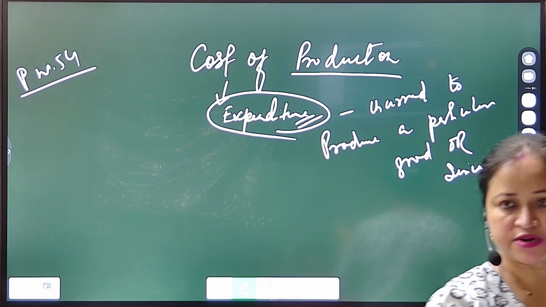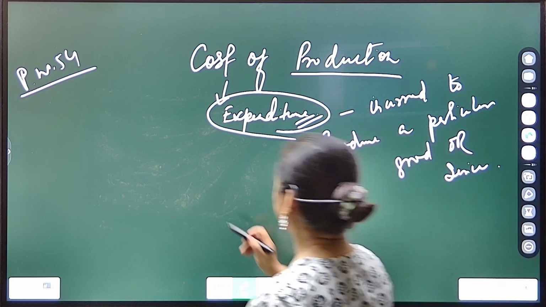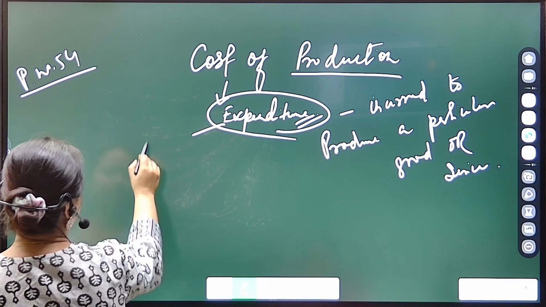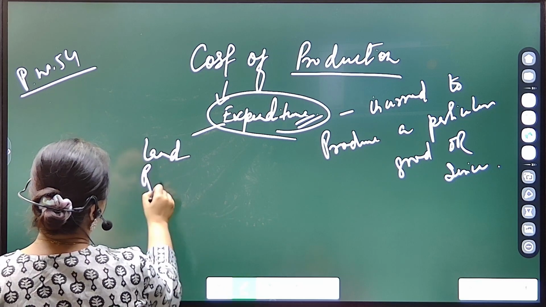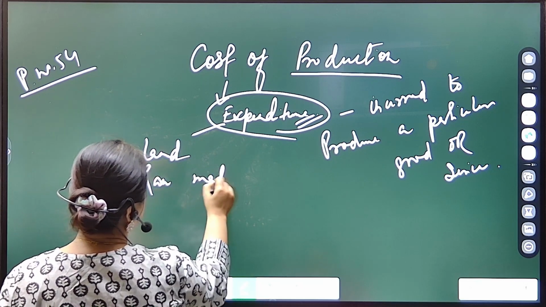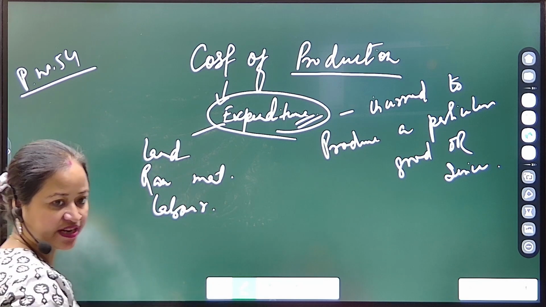That is given in your first paragraph in the chapter. Fine? So here what are the expenditures? Expenditure is like if you are buying a piece of land, or buying raw material, or paying the labor, right?